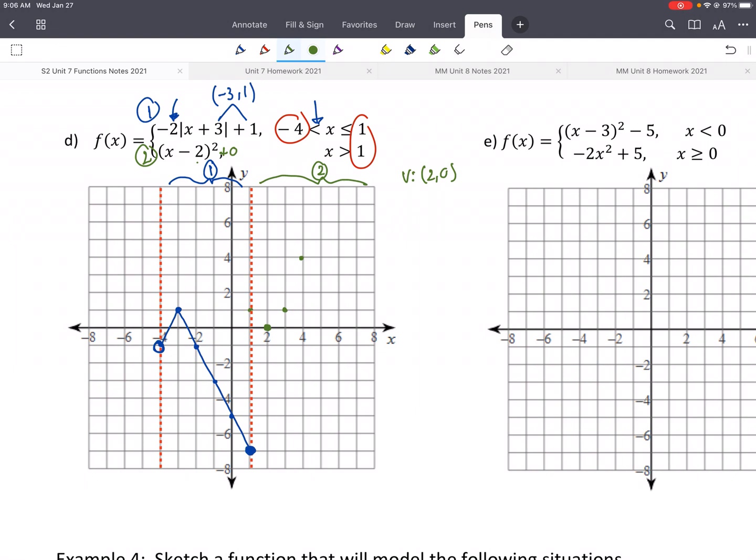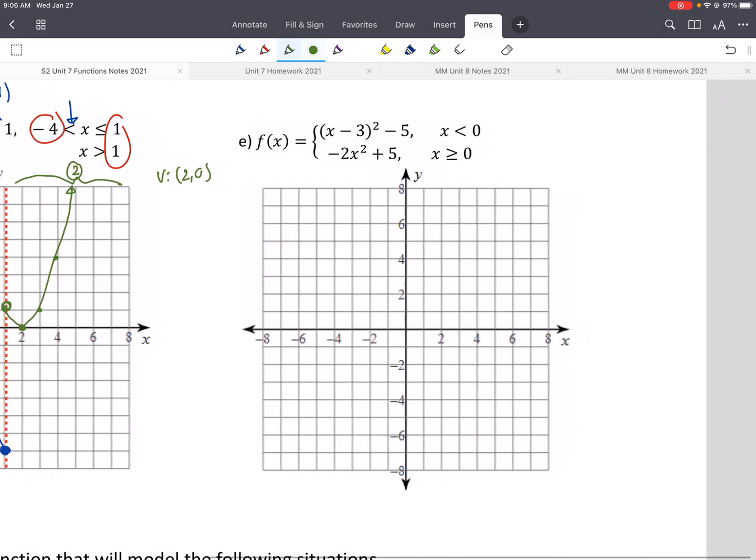Okay, and then we'll connect those dots best that we can. That wasn't the best I could do, I'm sorry. And then we need to look at the end behavior. So it's only when x is greater than 1, so it does not include that, so we'd leave it open.